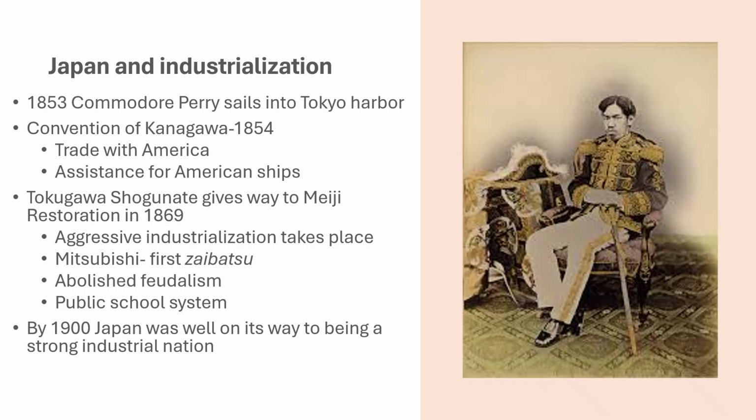By 1900, as you can see from the slide, Japan was well on its way to being a strong industrial nation. So Japan's a very unique case in that the industrialization process was very much driven from the top down, and also that they were able to industrialize very rapidly.